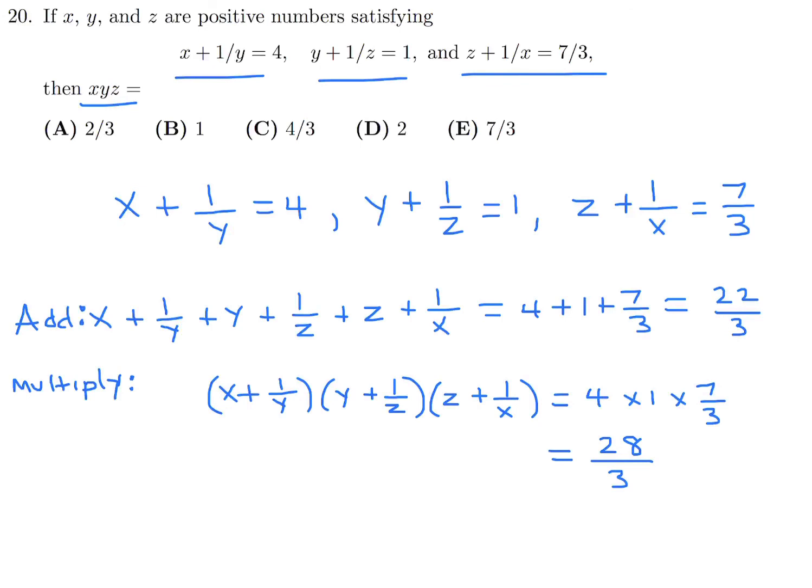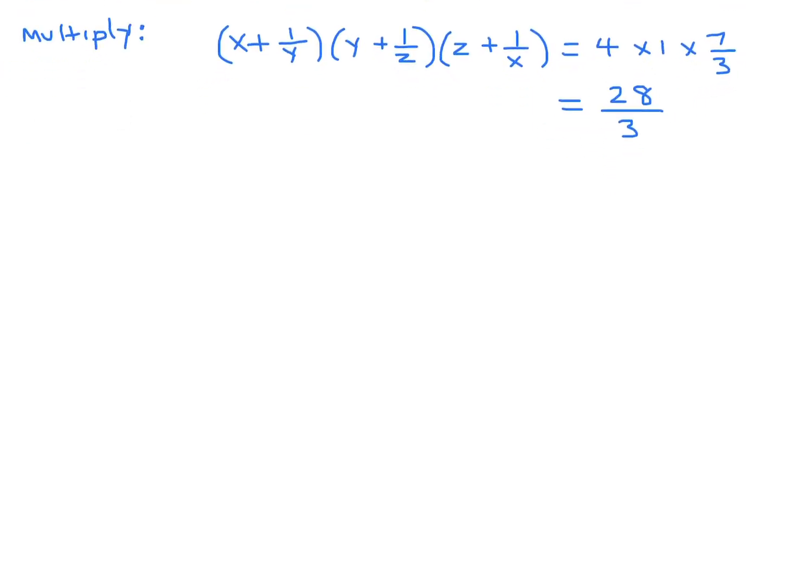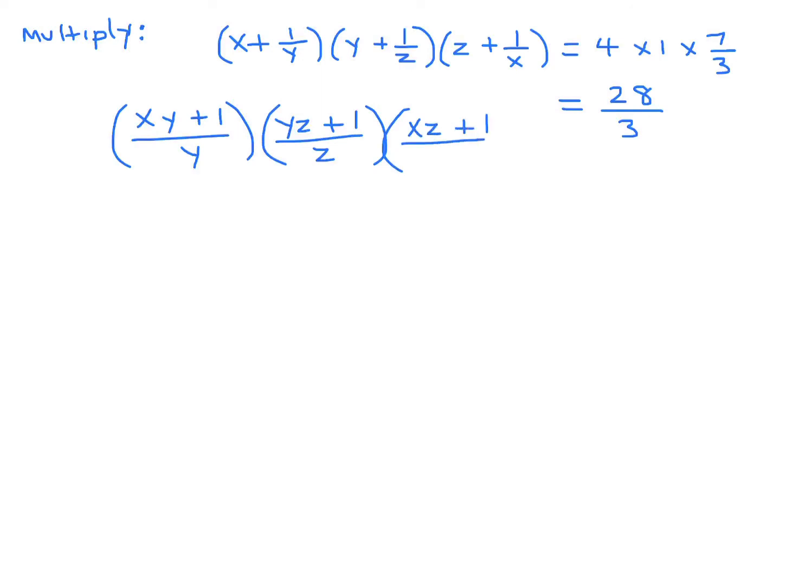And probably a good idea to get a common denominator. So let's move this up. So this is going to become xy plus 1 over y. This is going to be yz plus 1 over z. And this will be xz plus 1 over x.